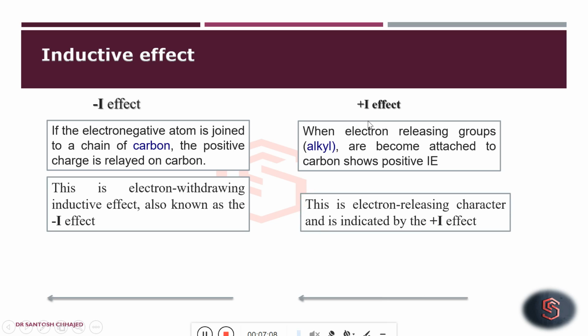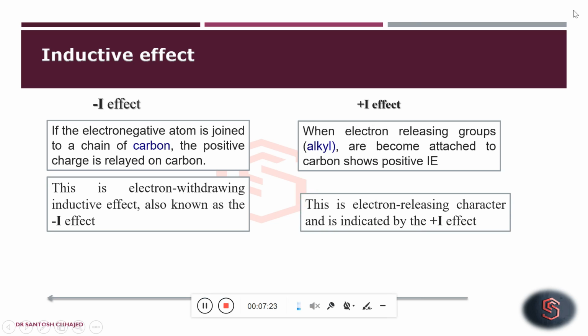Whereas the plus I effect or positive inductive effect is an electron releasing effect. We can discriminate the two: minus I is the electron withdrawing effect, whereas plus I is the electron releasing effect. Here, electron releasing groups, most commonly alkyl groups, are attached to a carbon, and when they release electrons on the carbon, it is called a positive inductive effect.